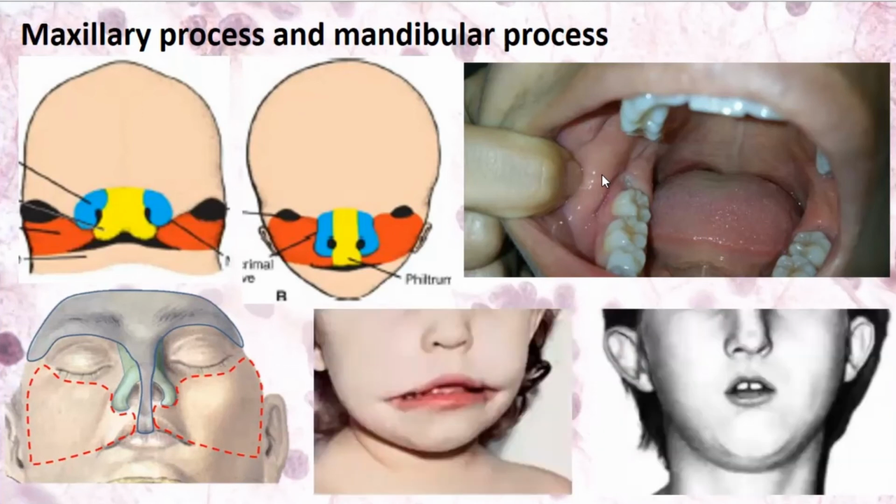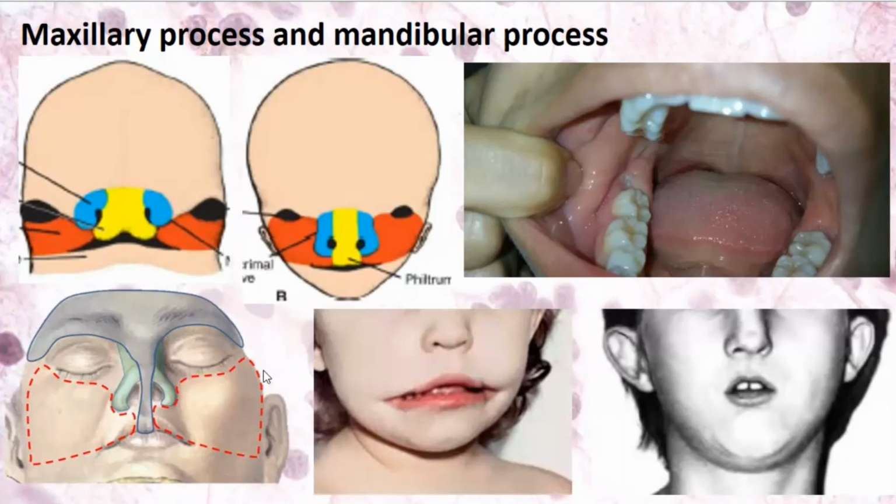And in some cases, this fusion, this attachment of maxillary process to mandibular process is incomplete, and we call this condition macrostomia, when the mouth is very wide. And in some cases, there is another condition which is called microstomia. It's when we have too big extra attachment of maxillary process and mandibular process.